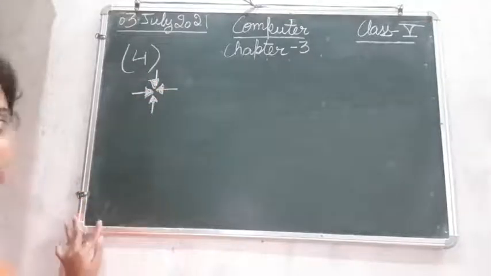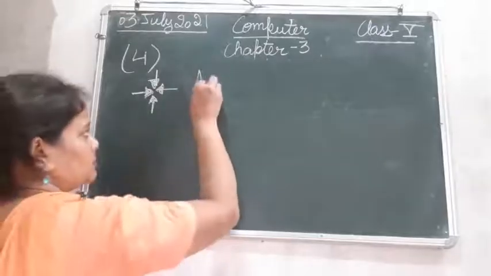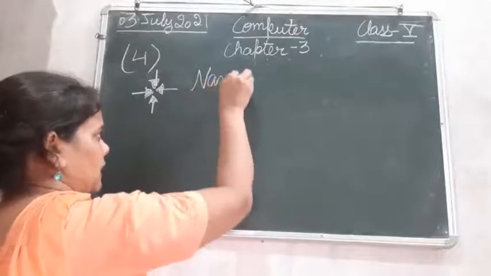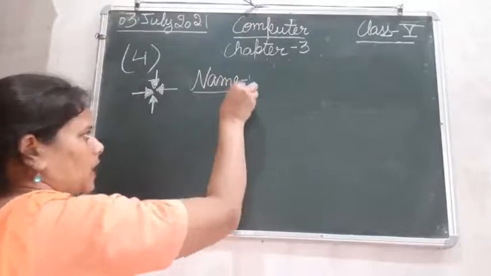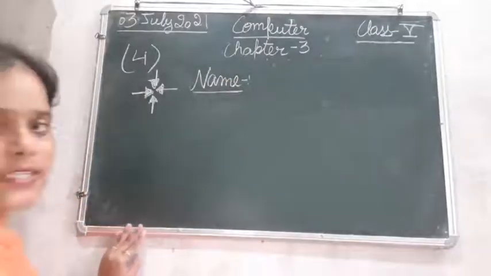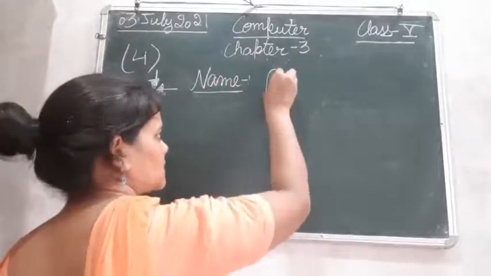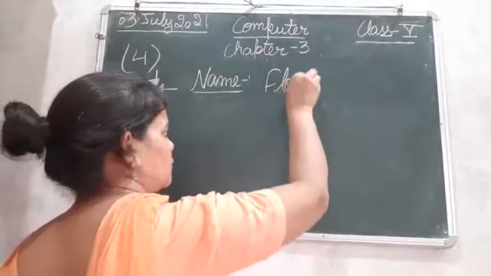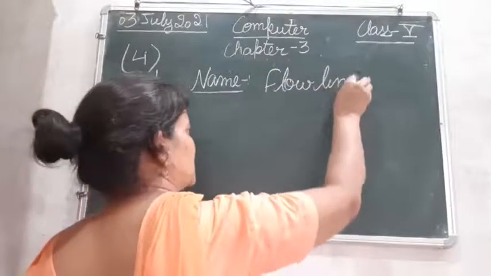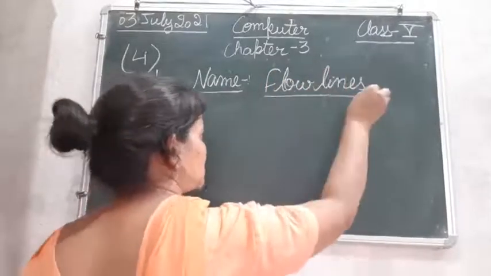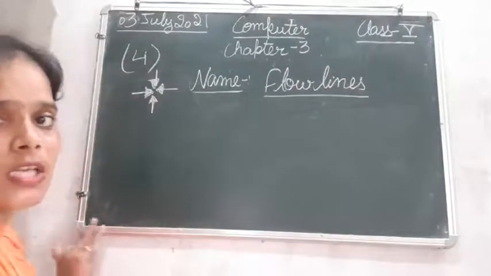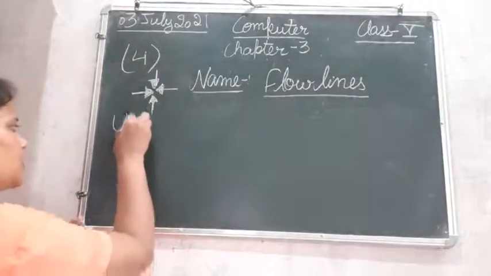These are the arrows. What is the name? The name of these arrows, they are known as flow lines. These are flow lines.